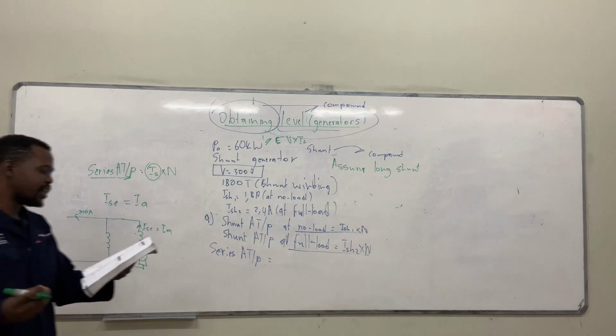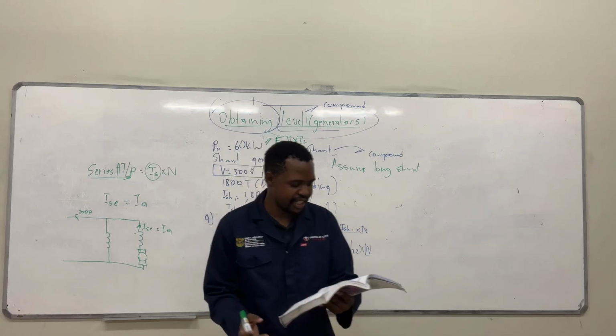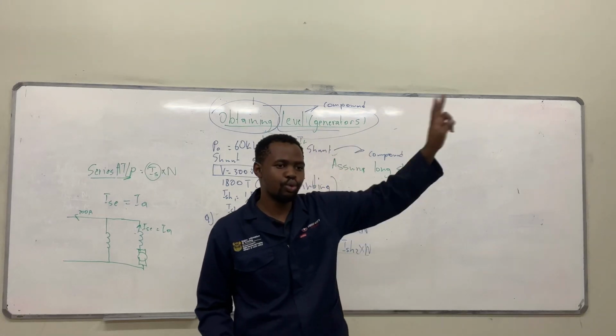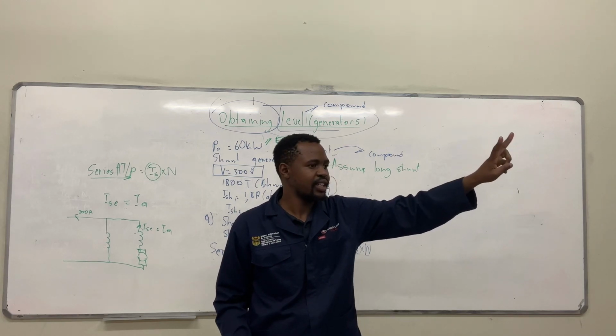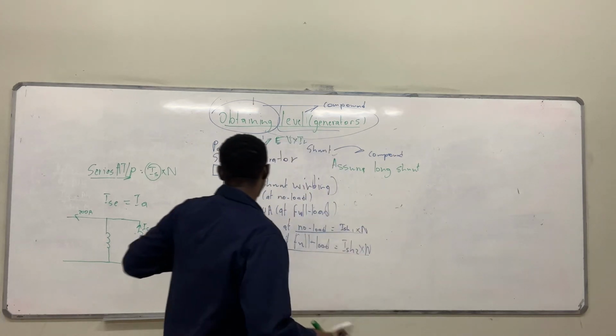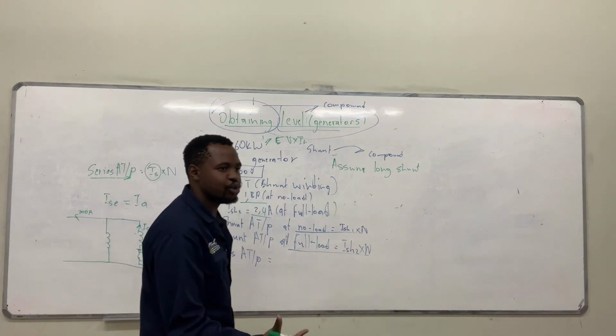The question that now comes up is that since we have two currents for a shunt, no load and full load, which one should we use?